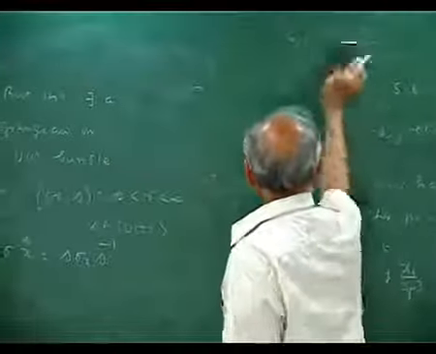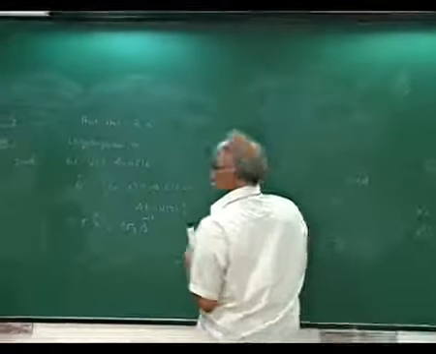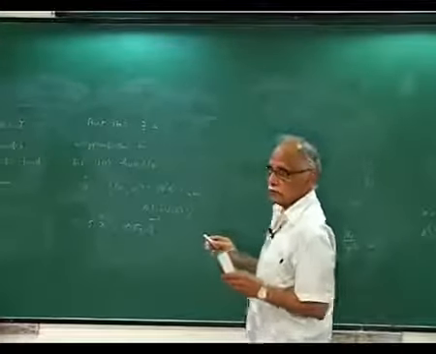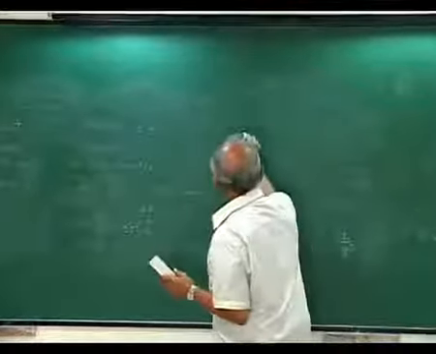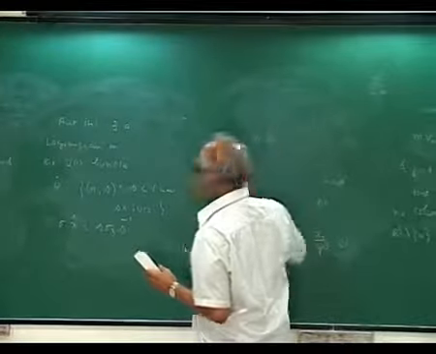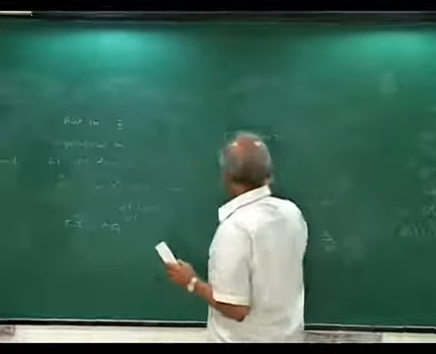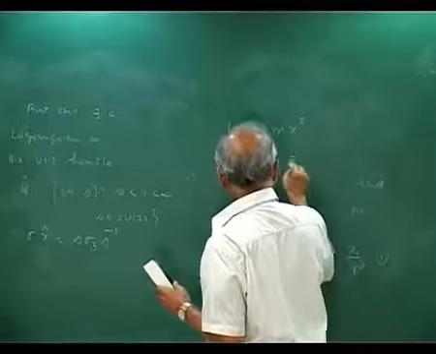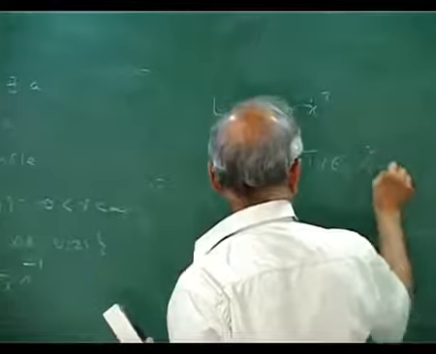So what is the Lagrangian? It will be half m x dot squared, plus now I will put in trace sigma 3 S inverse S dot.